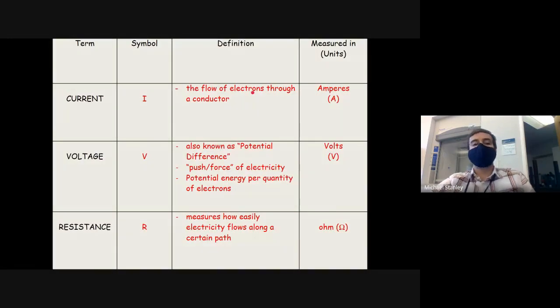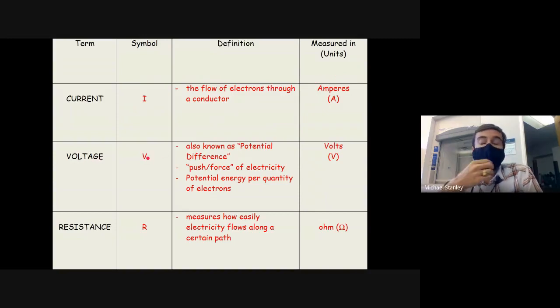So we have our three main parts of looking at electric flow. We have current, which is represented by an I, which is how many electrons are flowing through a conductor per second, essentially. We measure that in amps.